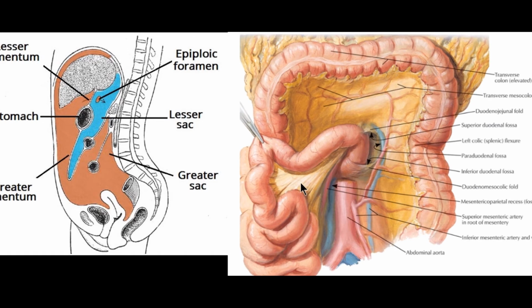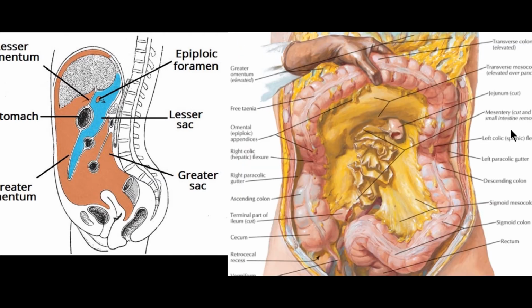Right, so guys, how about we jump over to another illustration on the right, where we can see that the small bowel has been removed. The transverse colon is once again elevated to reveal its mesentery, the transverse mesocolon.